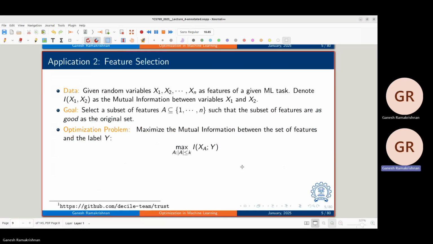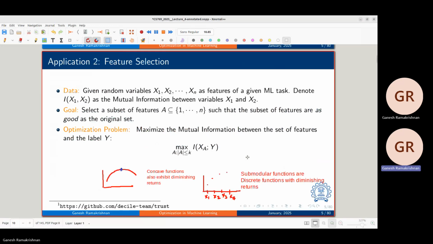Okay, so this is one way: maximize mutual information. You can think of it as a more refined likelihood ratio, a refined version of which is based on distribution, based on information theory.